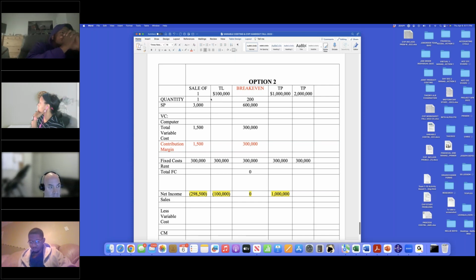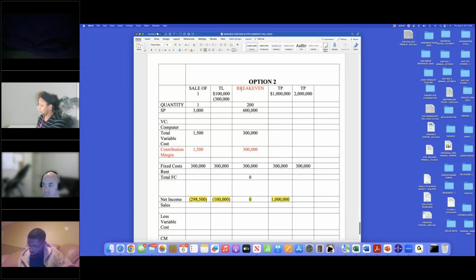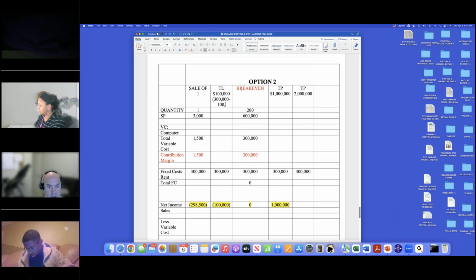So to get the quantity, it's going to be the amount of the fixed cost minus the target loss, divided by what?